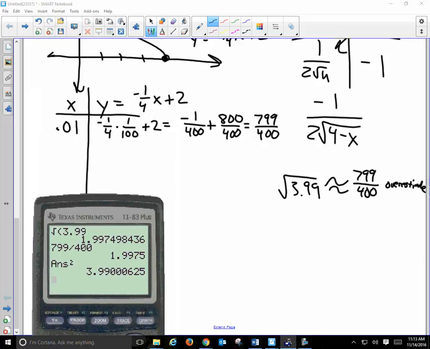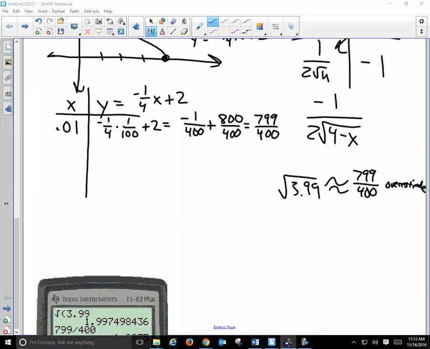What should x be for square root of 4.1? -0.1. Very good. So I end up with -1/4 times -1/10 plus 2. Or +1 over 40 plus 80 over 40. And I get 81 over 40.